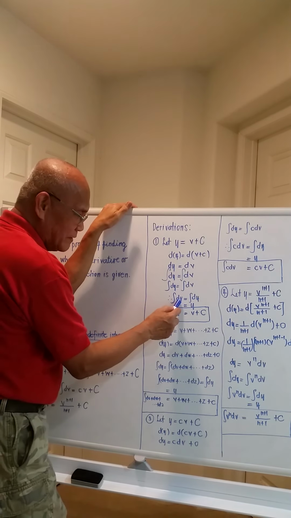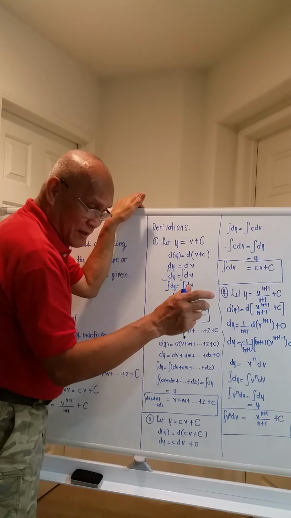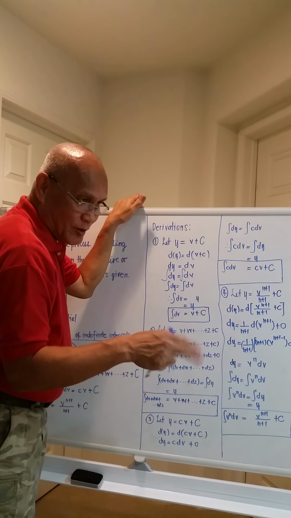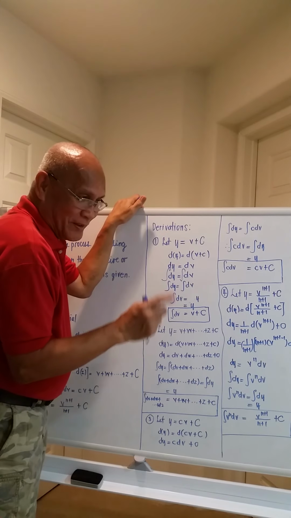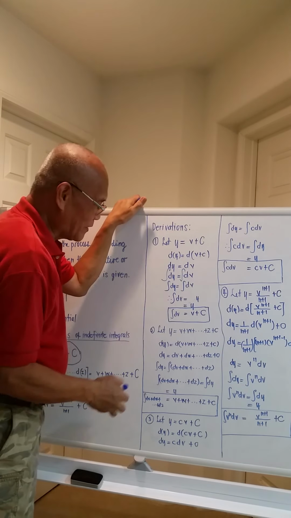If this integral and differential go near each other, I will now say they will cancel out. The integral of the differential will cancel out. So what will come out on the right hand side will just simply be y. Just like the sine and the arc sine. The sine of the arc sine of any given function is just the given function. That's why the integral of the differential of any given function is just the given function.